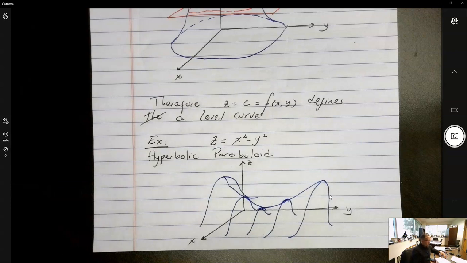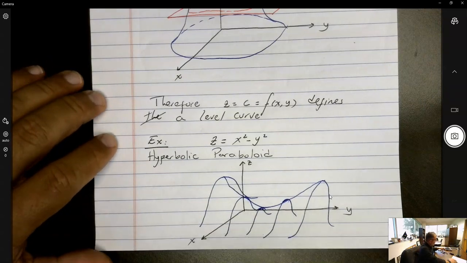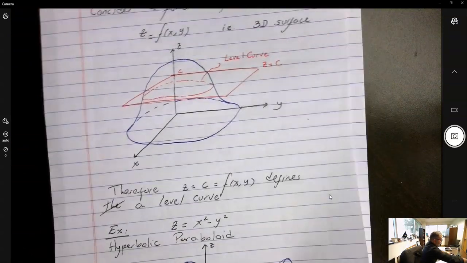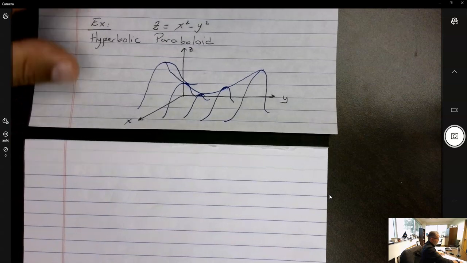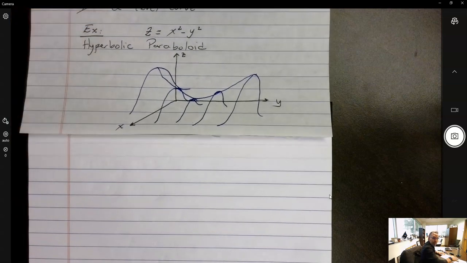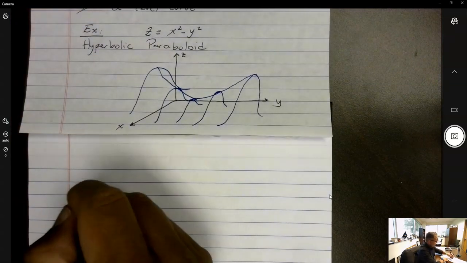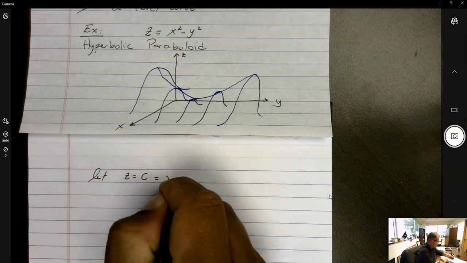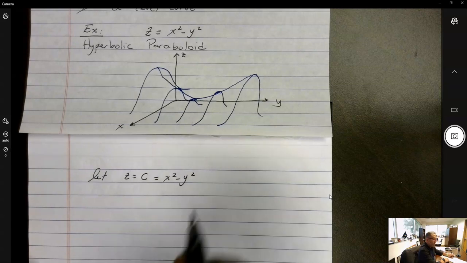Now if you were to pick a constant value of z and draw a plane through that constant value, and then look at the intersection of that constant plane with the surface, we're going to let z be equal to a constant, which is equal to x squared minus y squared.